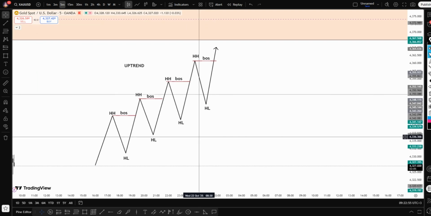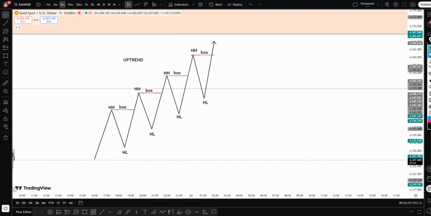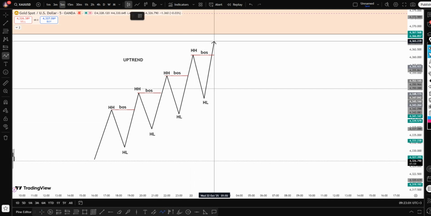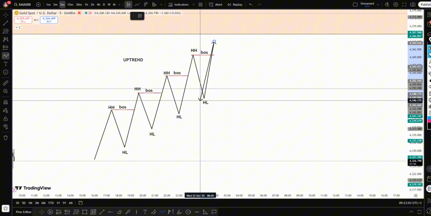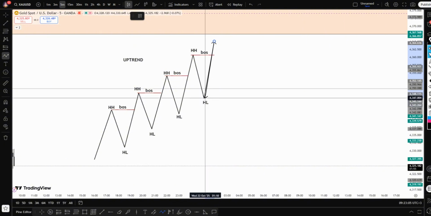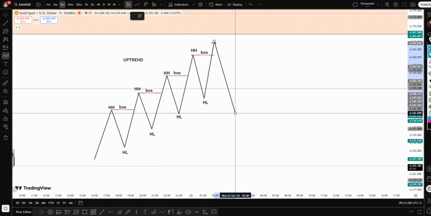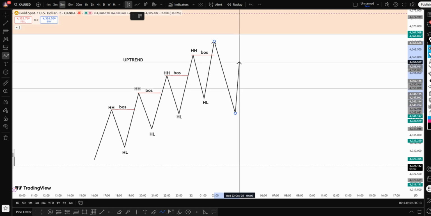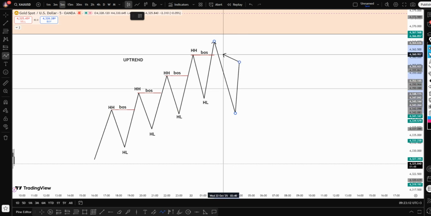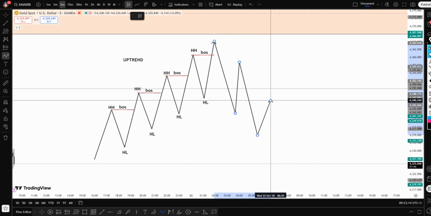Let me show you an example of an uptrend that changes structure to a downtrending market. Here, price was clearly making higher highs and higher lows. But when price comes down and drops below the previous higher low, right here, and comes back into the range, that is where we're looking for entries.